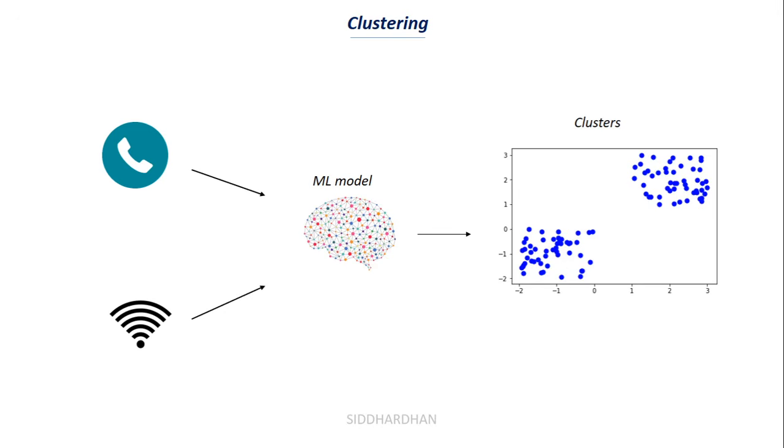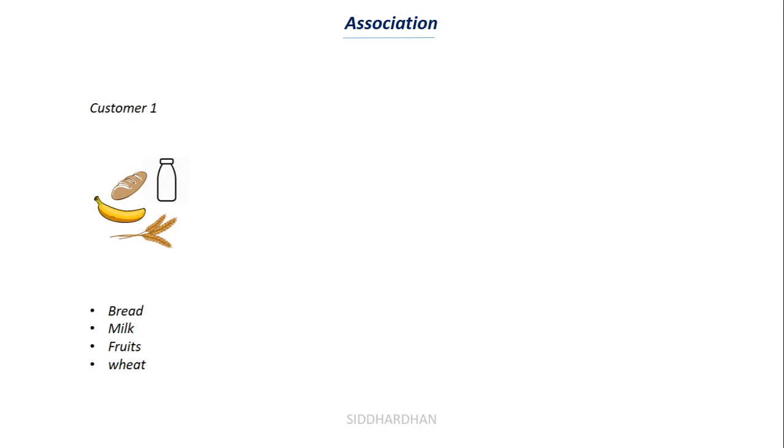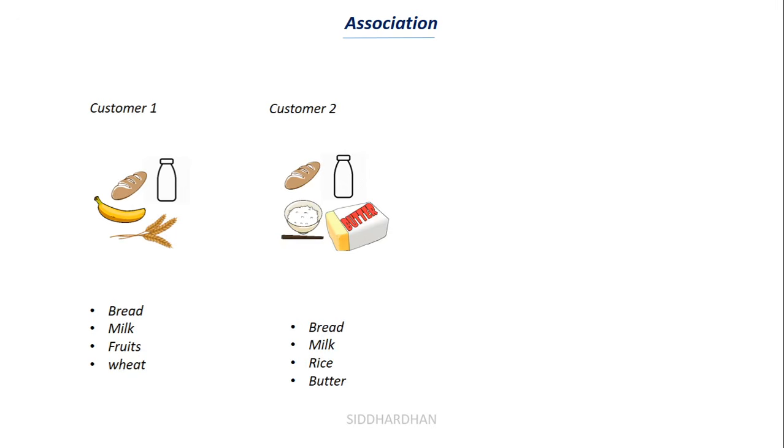Okay, now let's try to understand association. Let's consider there is a supermarket and there are several customers who are buying these products. A customer buys bread, milk, fruits and wheat. Another kind of customer buys bread, milk, rice and butter. The important association between all these customers is that if someone buys bread, that customer is also buying milk.